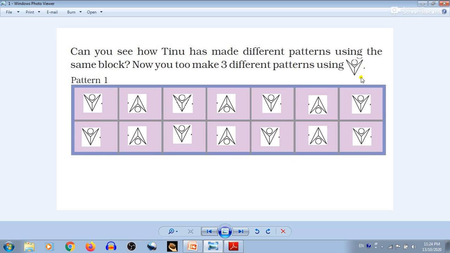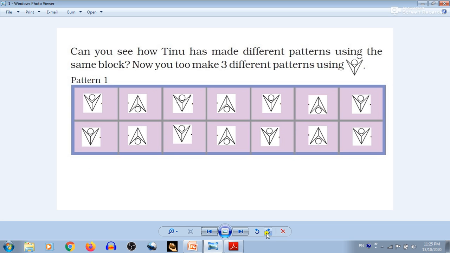This is the block, and by using this I have made this pattern. Here this block is downward, then upward, then downward, upward, downward, upward, downward. Here I have repeated the same way: downward, downward, upward, upward, and so on. So in this way I have made this pattern using this block.